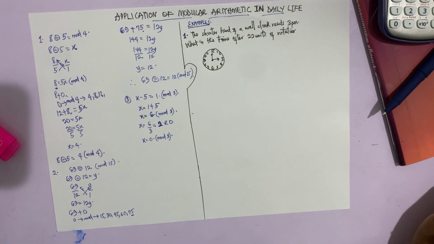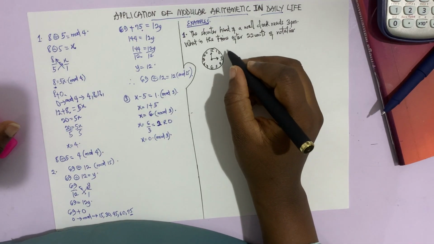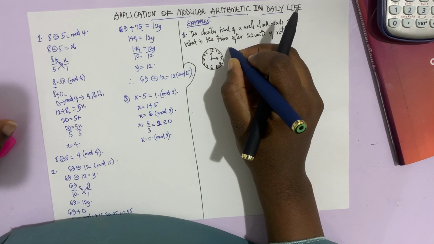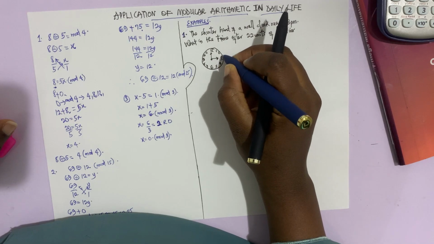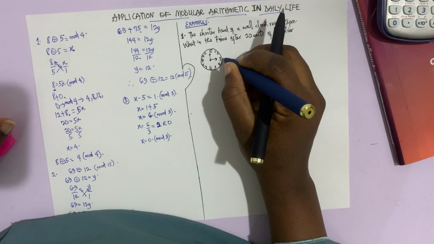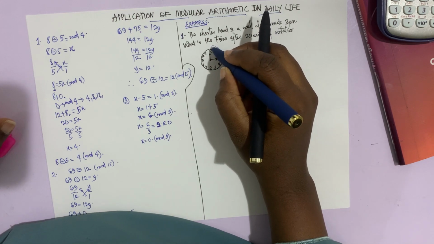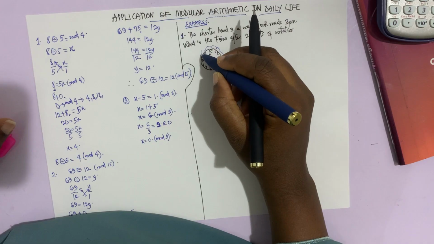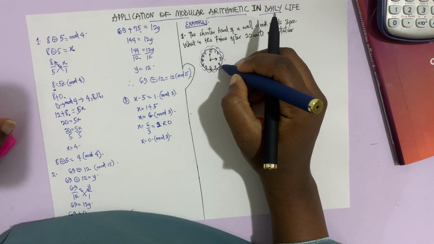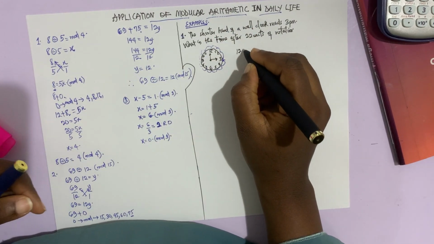If it is showing 3 o'clock, now that means 1 unit for a wall clock. For a wall clock, how many units of rotation does it have overall? 1, 2, 3, 4, 5, 6, 7, 8, 9, 10, 11, 12. So it has 12 units of rotation.